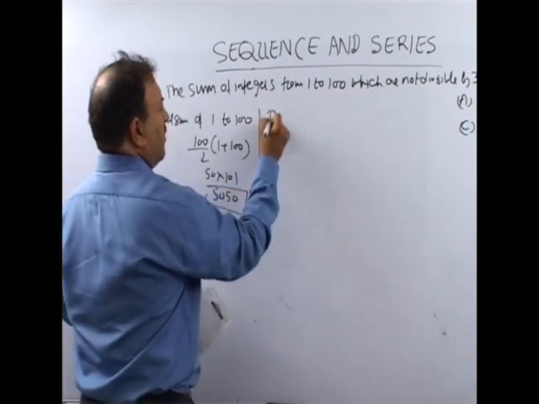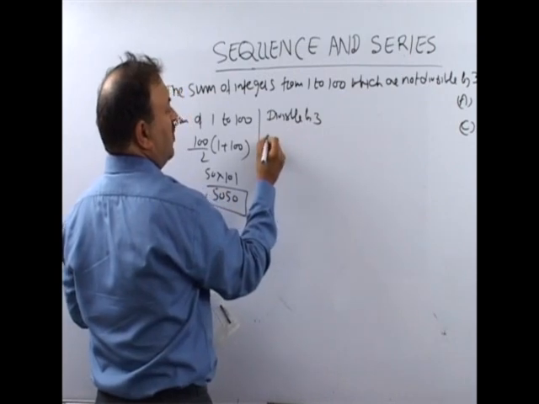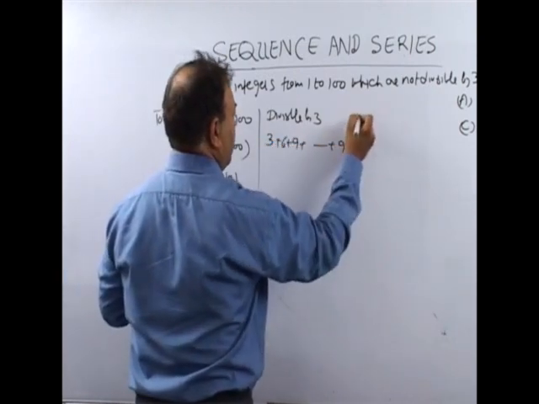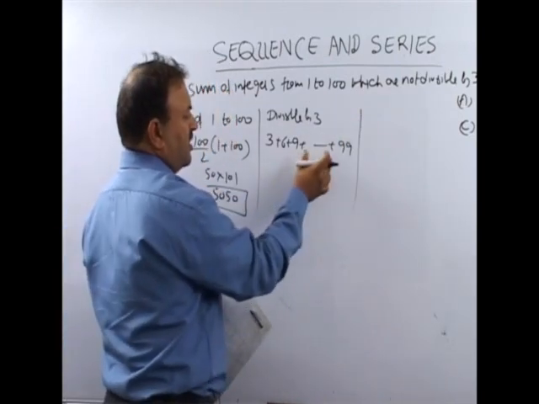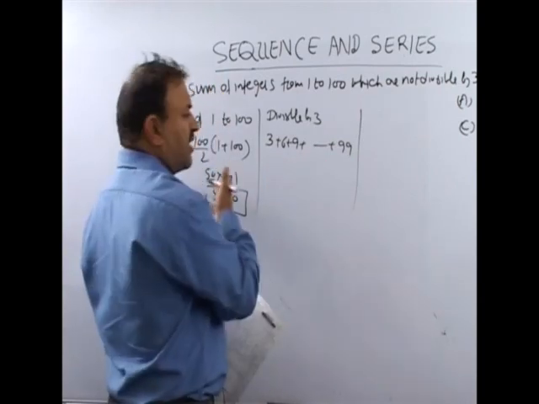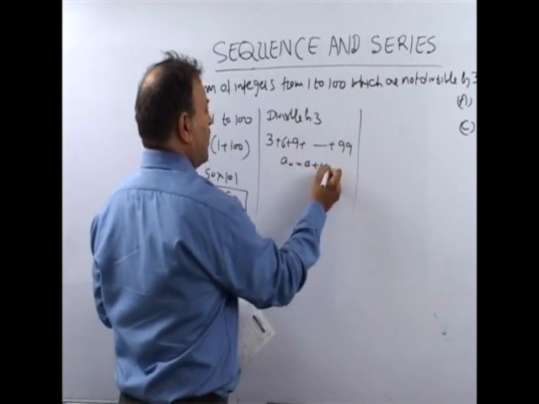Now divisible by 3. Divisible by 3 कैसे करेंगे, we write down 3 plus 6 plus 9, it goes up to 99. Then number of terms is clearly mentioned, दिख रहा है यहाँ पे 33 terms है, otherwise we can find out by वही nth term वाला फार्मूला लगा के, nth term is equal to a plus (n minus 1)d.